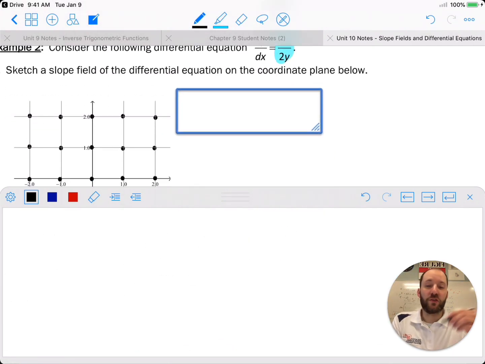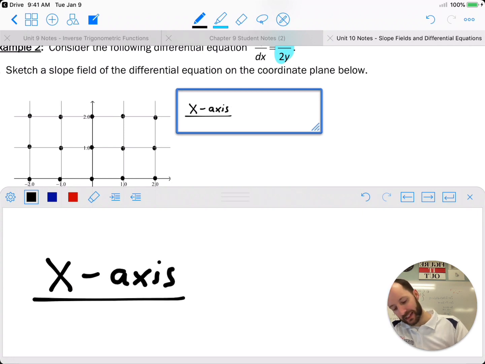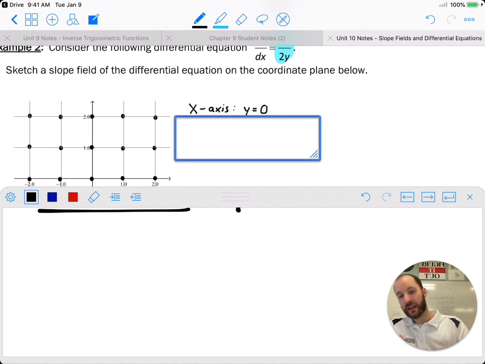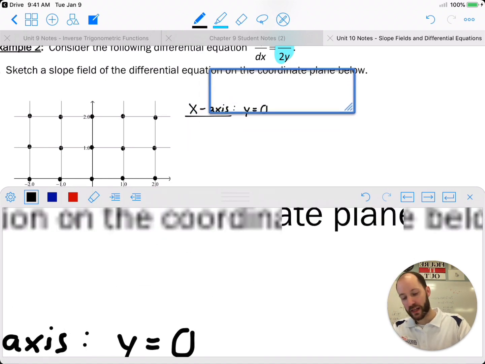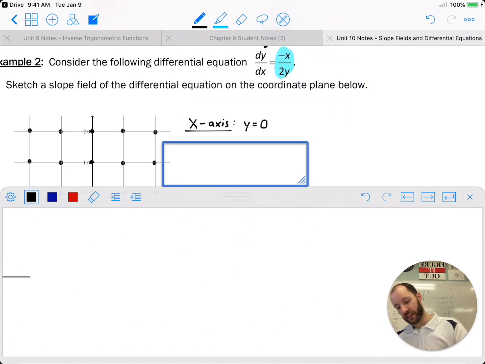So let's start creating a slope field, and you'll just start by working on the axes. So let's start with the x-axis. Now on the x-axis, every point has y in common. Every point at the x-axis, y equals 0. If you plug in 0 for y in your slope equation, you get 0 in the denominator.